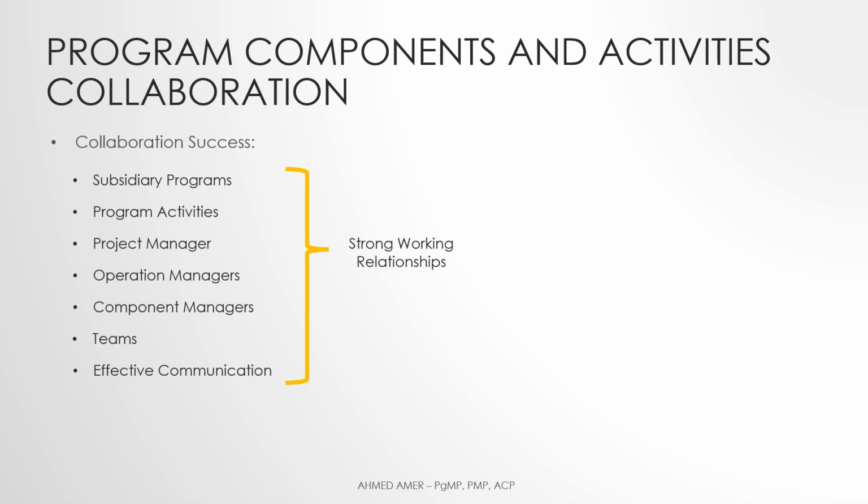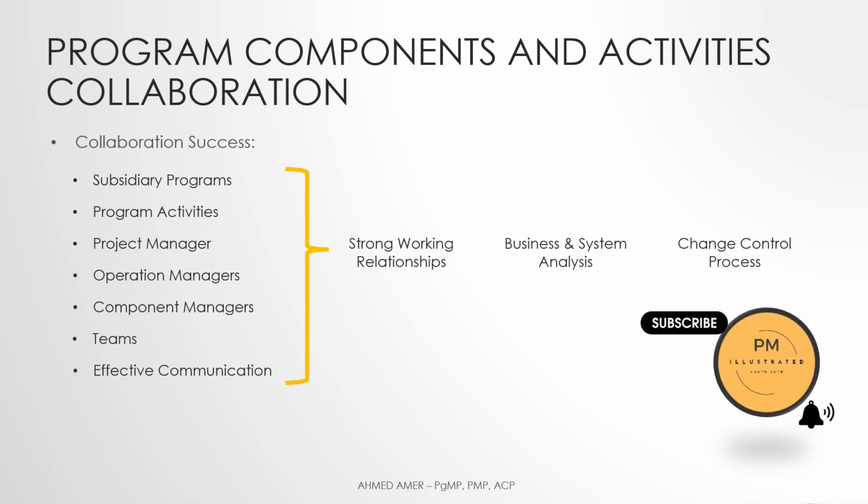Collaboration must be supported by thorough business and system analysis conducted in line with the principle of progressive elaboration of requirements. This should be followed by robust change control processes to manage scope and generally maintain requirements baselines.